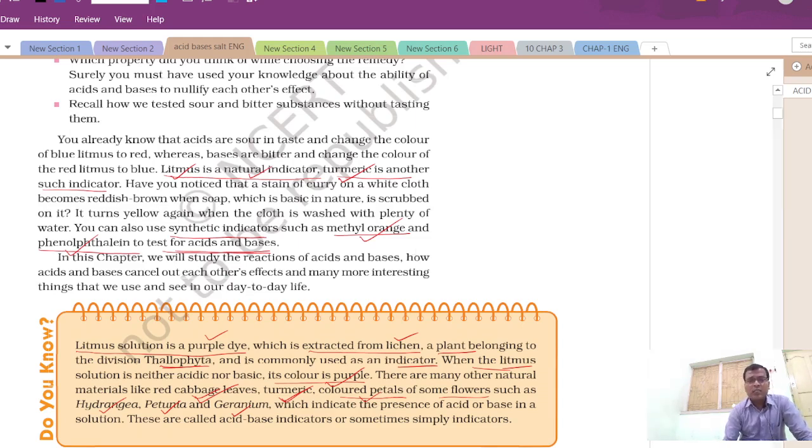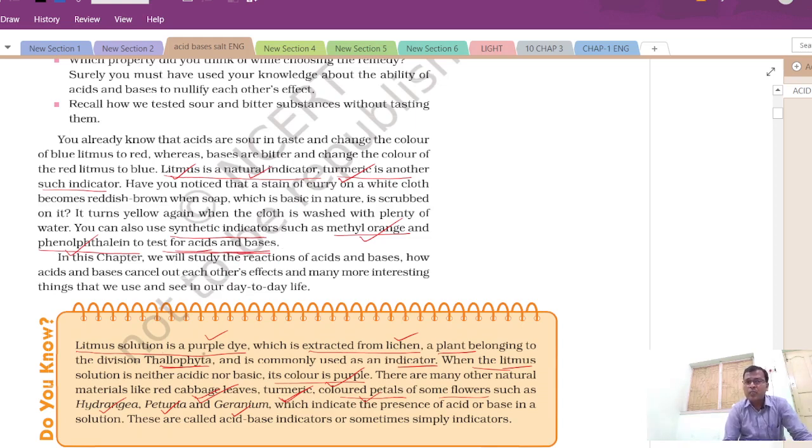In this chapter we have studied that litmus is a natural indicator and turmeric is also a natural indicator. The color of litmus is purple, and methyl orange and phenolphthalein are synthetic indicators. They are used to test for acid or base.